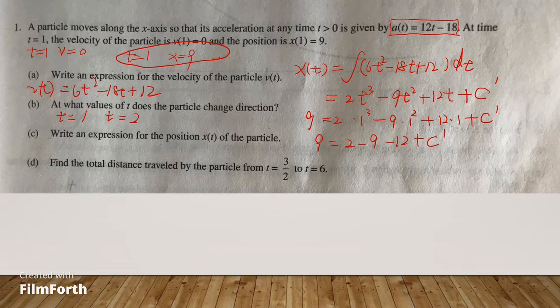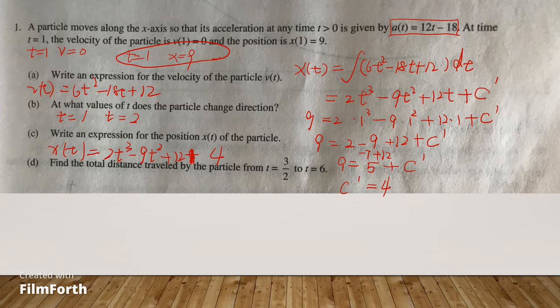So negative 7 plus 12 is 5 plus C prime. So C prime equals 4. So the expression for the position is x of t equals 2t cubed minus 9t squared plus 12t plus 4. That is the answer of question C.